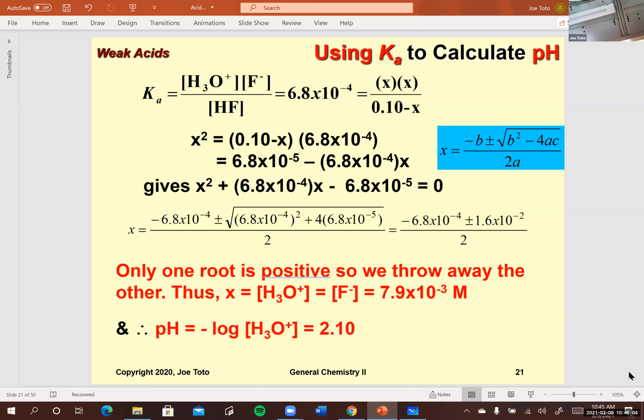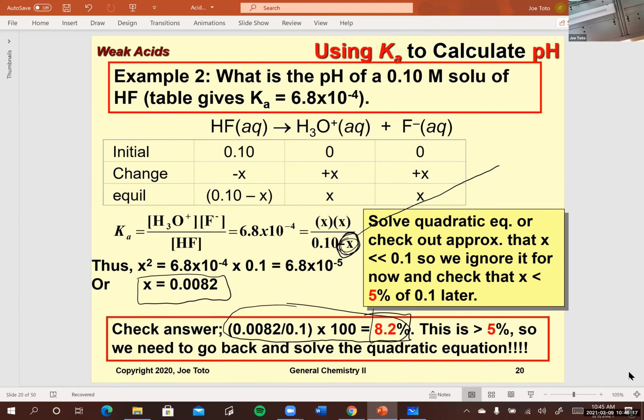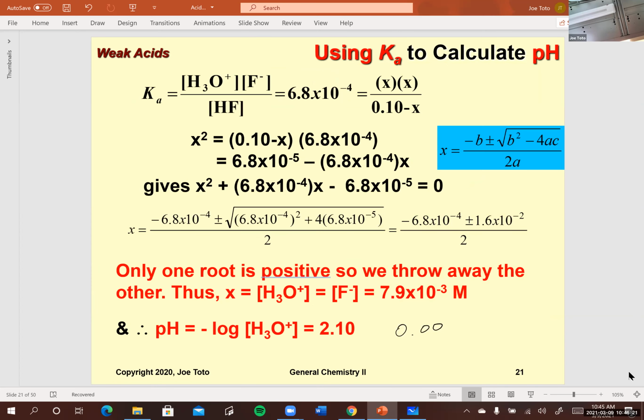So we see that when we do the quadratic and we calculate x, it does in fact change from that 0.0082 to 0.0079.